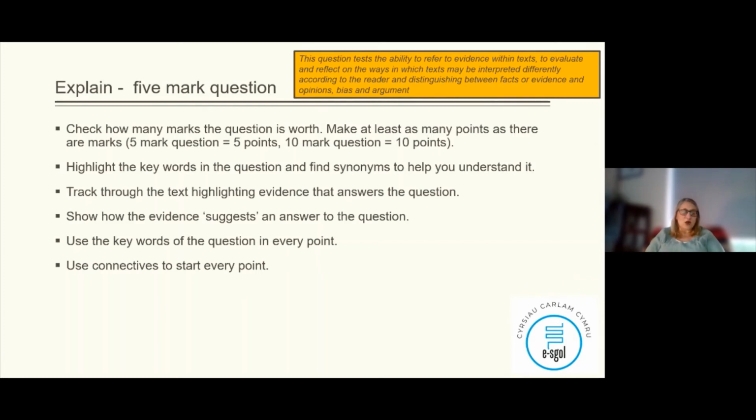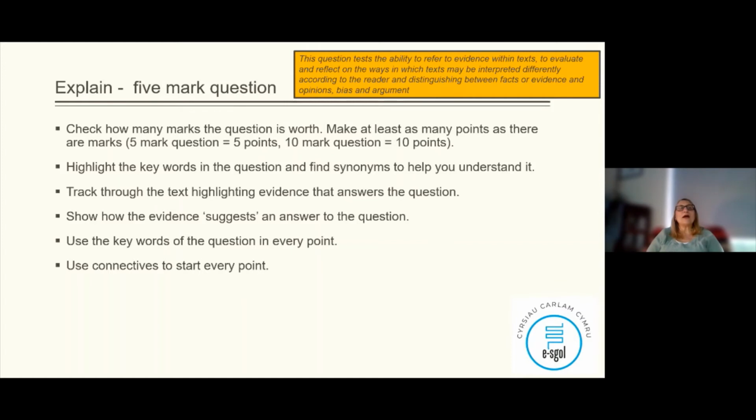What we find quite a lot on GCSE questions is that if a student doesn't understand the question, they might completely answer it in the wrong way, and they might not then be awarded any marks because they've not actually answered the question that's being asked of them. So it's really, really important that you highlight the question and know exactly what the examiner's looking for.